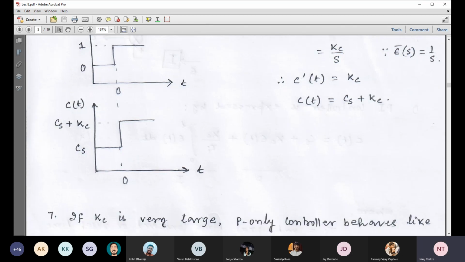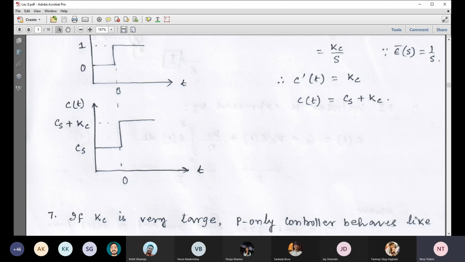Now come to the next point. If Kc is very, very large, proportional controller behaves like, what is the answer? Anyone?